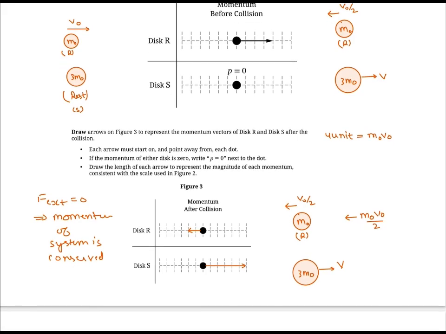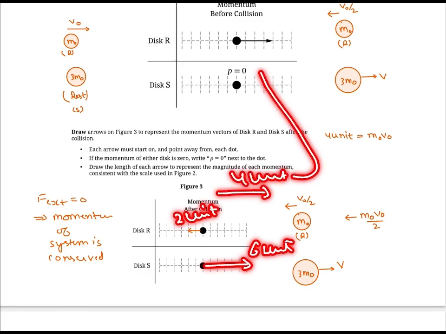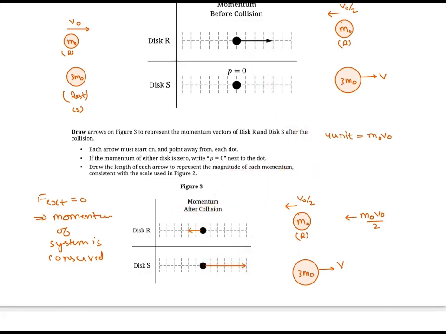Now please see here. 2 units is the momentum towards the left, and the net momentum should be 4 units towards the right. So I can say that the momentum of this disk will be 6 units towards the right, because 6 units minus 2 units, of course, gives 4 units towards the right.